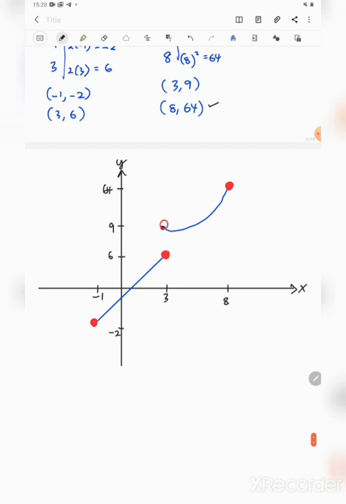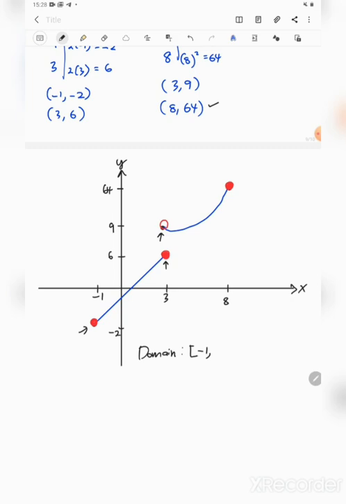From here we have to find the domain. For the domain you have to read the graph from left to right. From the left we can see that this is close, so we have to use a square bracket, and then the point is -1 up to 3. We have close here, and then the graph continues with the quadratic graph.